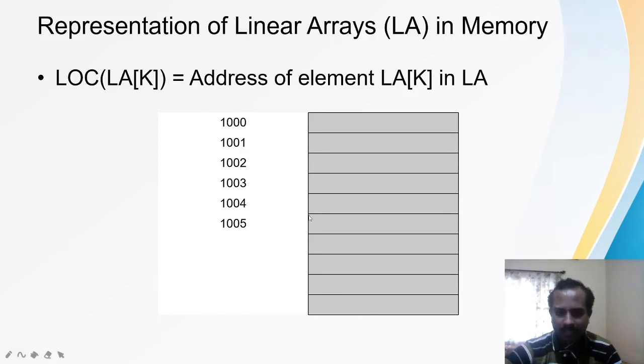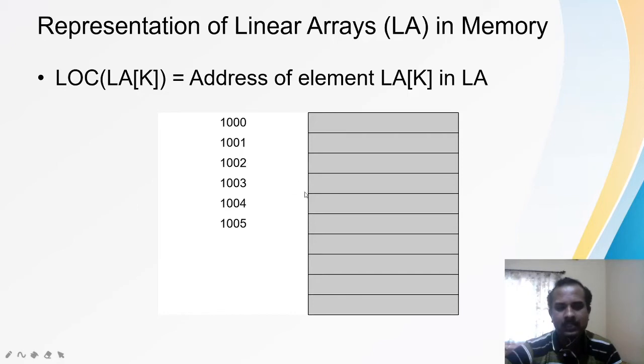For example, if I want the location or memory address of an element, let us say my index starts from 1: this is 1, this is 2, this is 3, this is the 4th location.